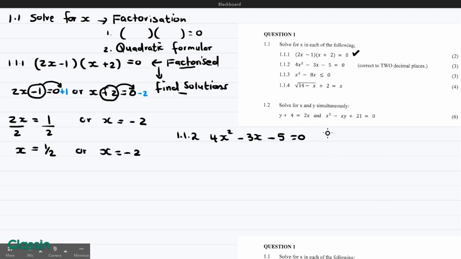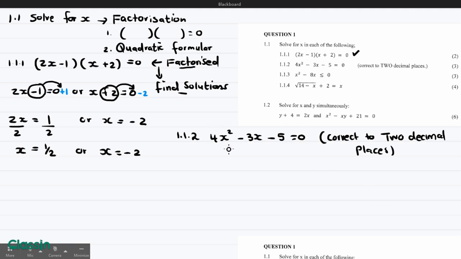But this comes with a statement saying correct to two decimals. I'm not much concerned about the value of the answer. I'm very much concerned about how you work this out.